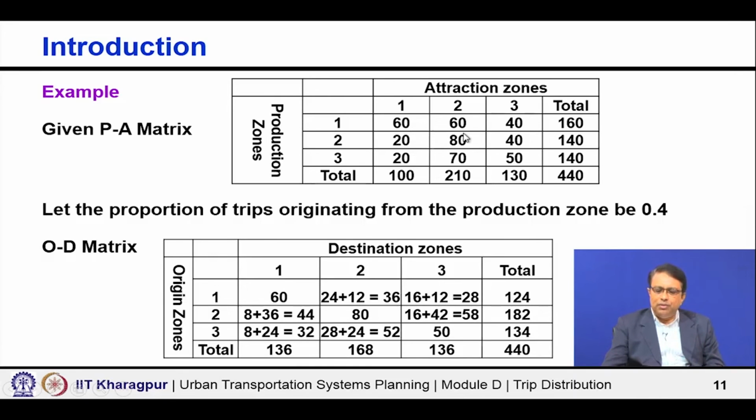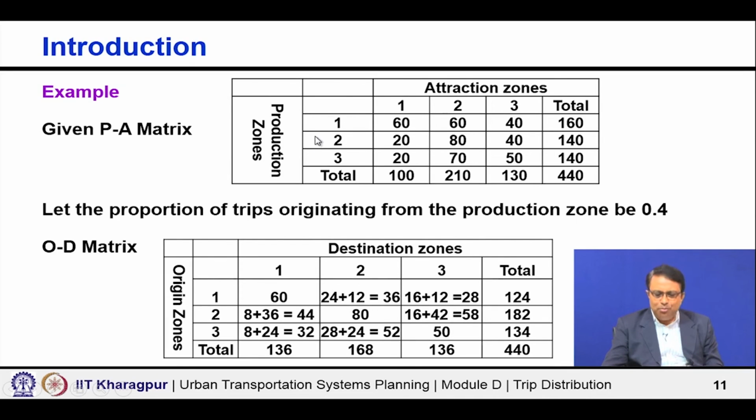Say for example, in the PA matrix 1 to 2 is 60, that means for all these 60 trips, production is in zone 1 and attraction is in zone 2. Okay? I repeat, production is in zone 1 and attraction is in zone 2.